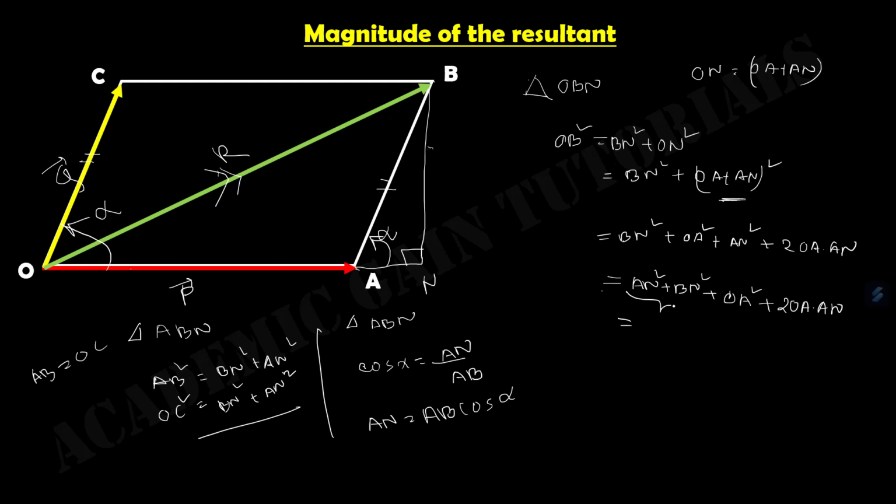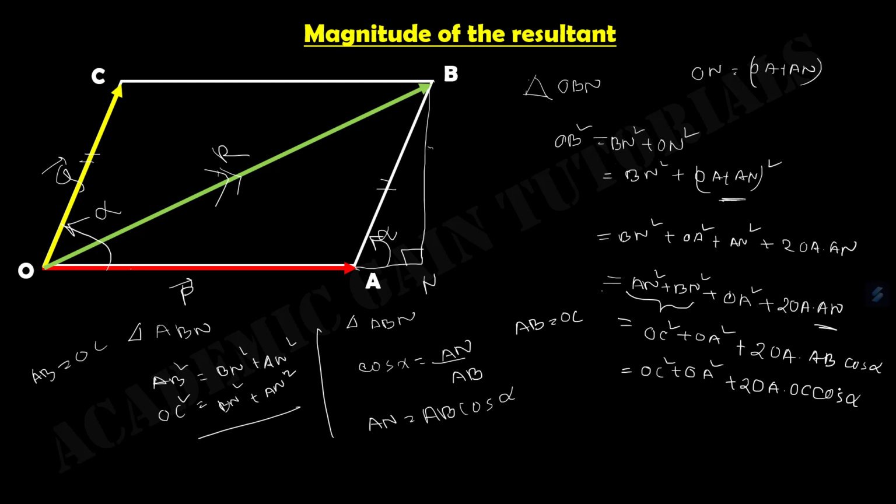So we can write OC square there, and for AN, we know that AN equals AB cos alpha. So here we can write OA into AB cos of alpha. We also know that AB equals OC as it is a parallelogram. So we can write OC square plus OA square plus 2 OA into OC cos of alpha.